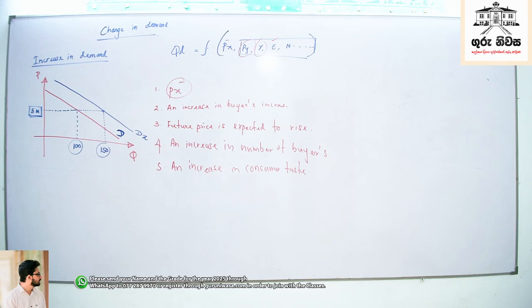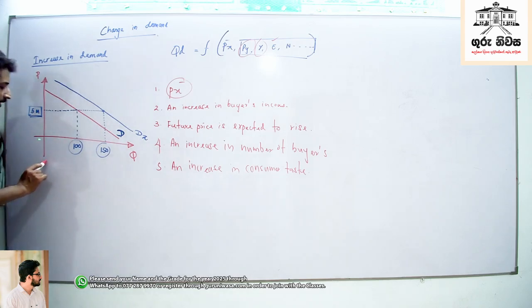Okay, Lamai. To increase the demand, how should these two prices change? Substitute product price should be increased and complementary product price should be decreased. Yes, very good. Example, Lamai: assume petrol and cars, fuel and cars.